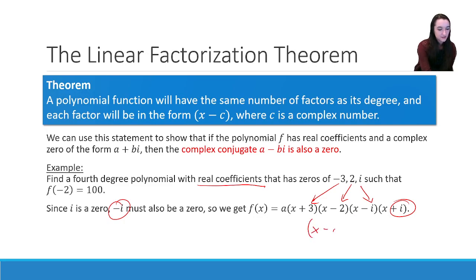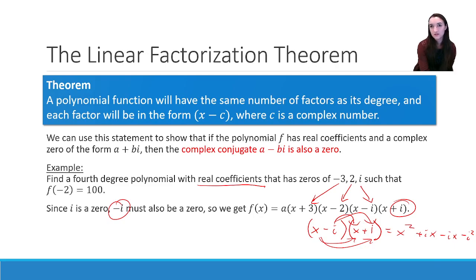So x minus i times x plus i is equal to, using our foiling, we get x squared, that's an i, not a 1, x squared plus ix minus ix minus i squared. So remember that i squared is actually equal to negative 1.